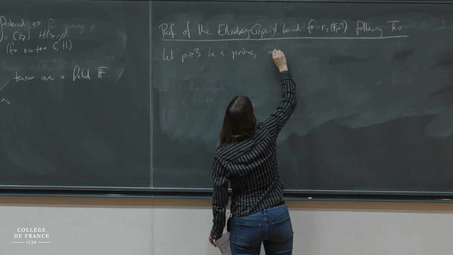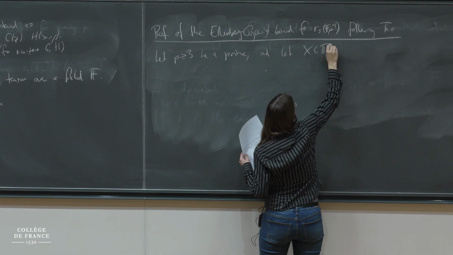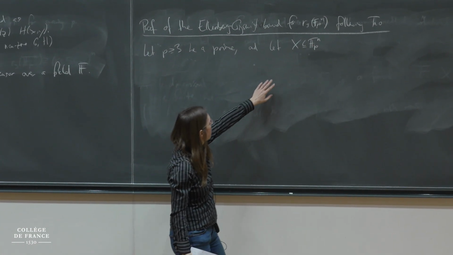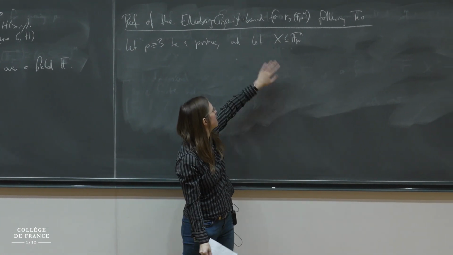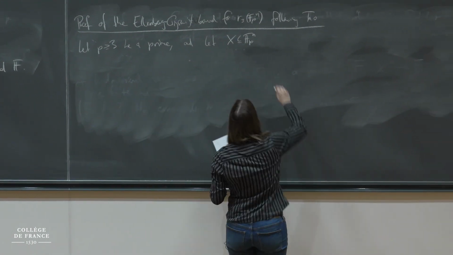And we want to bound R3 of F_p^n, so that means we want to upper bound the maximum possible size of a subset of F_p^n without a three-term progression.